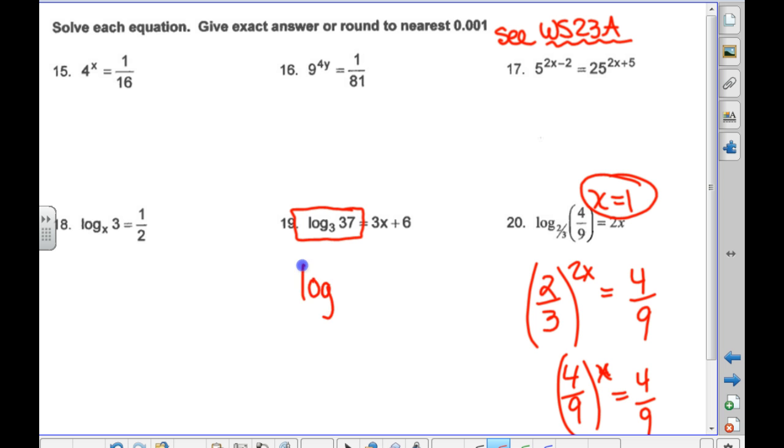If you don't have a log base on your calculator, you have to do this. But I would get an ugly decimal over here, then subtract 6, divide by 3, all that good algebra stuff, okay?